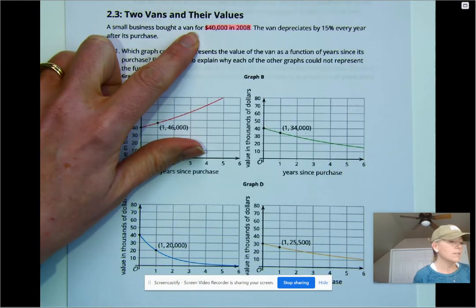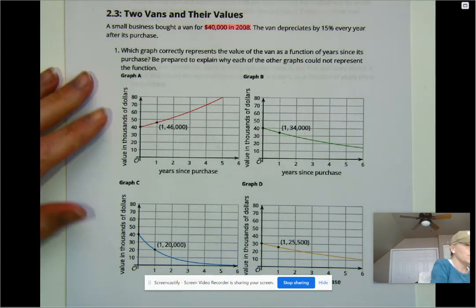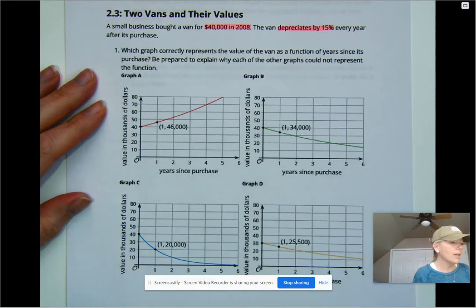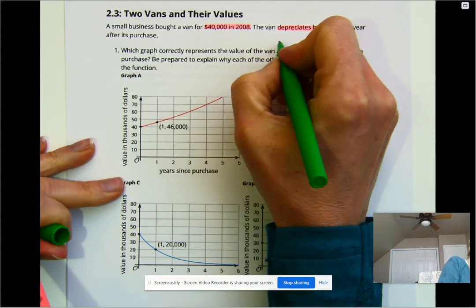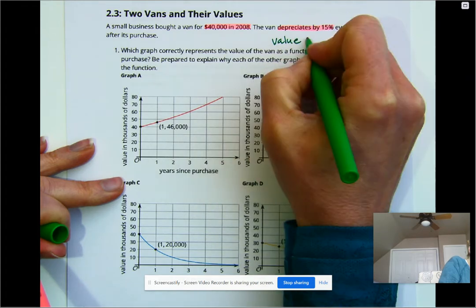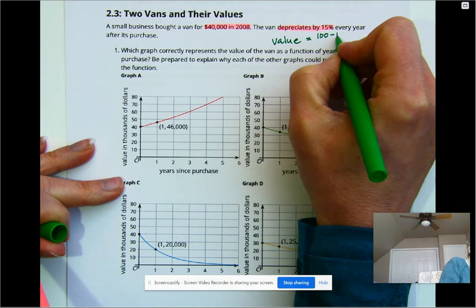And then the van depreciates. That means it loses its value by 15%. It depreciates by 15% every year after its purchase. So if it's depreciating by 15%, then that means the van's value is equal to its full value minus 15%, right?